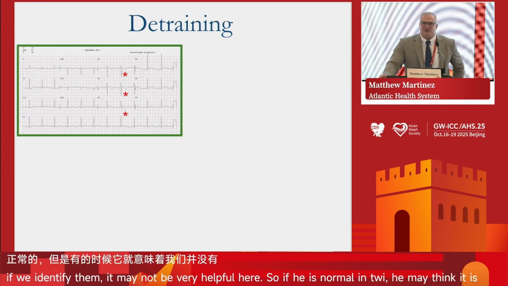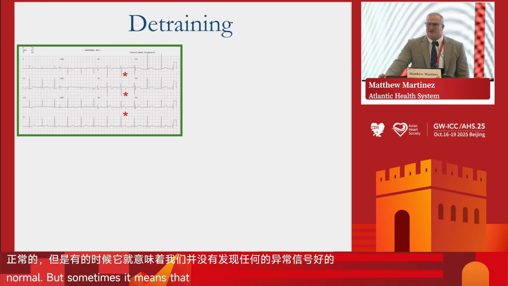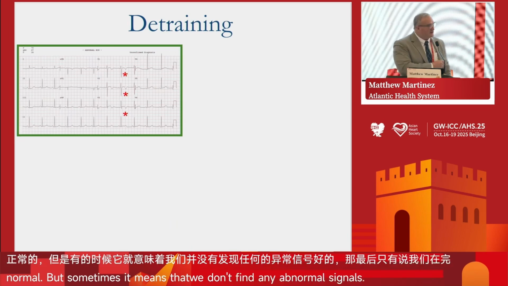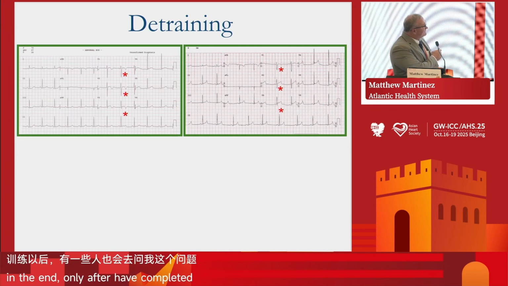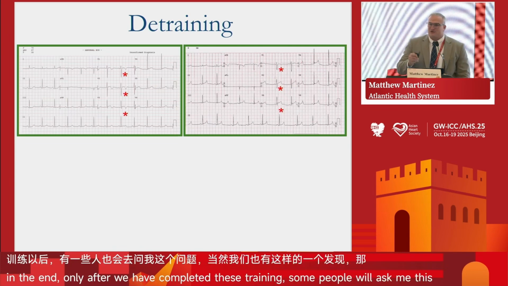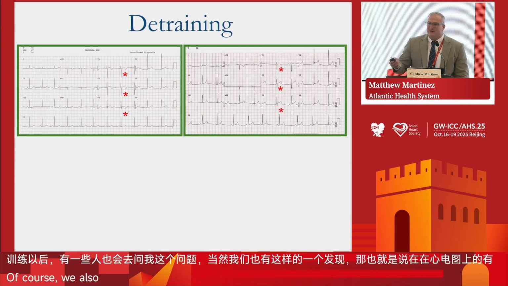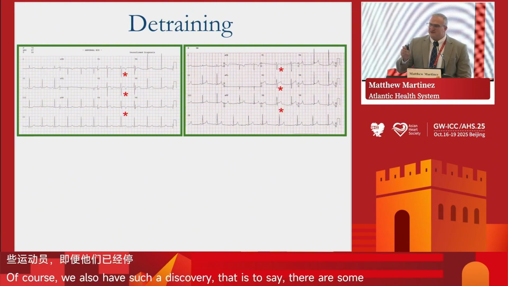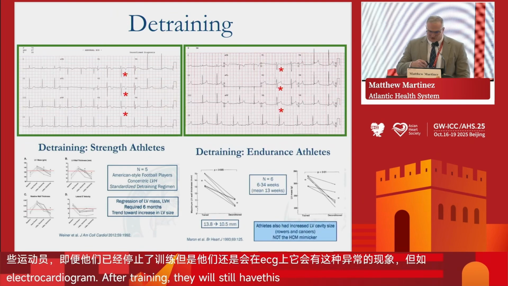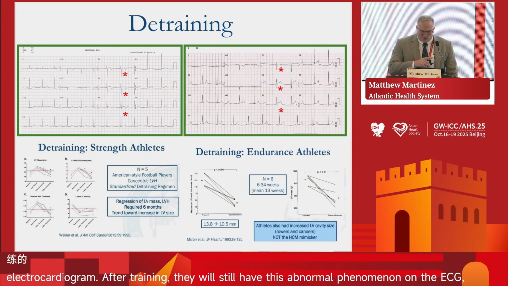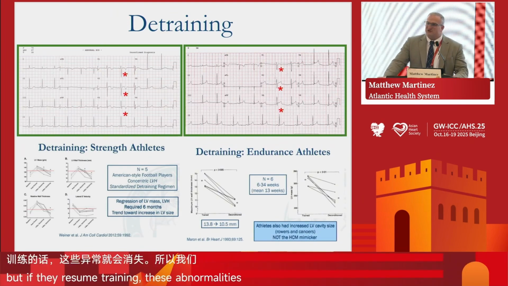And then finally, detraining is often something that people ask me about. And we know that there are findings that are abnormal on ECG for the athlete that if you detrain them and tell them to stop exercising, they will normalize. But in general, the data on this is very weak. Older data, this is strength athletes and this is endurance athletes. You can see one with 5 patients and one with 6.